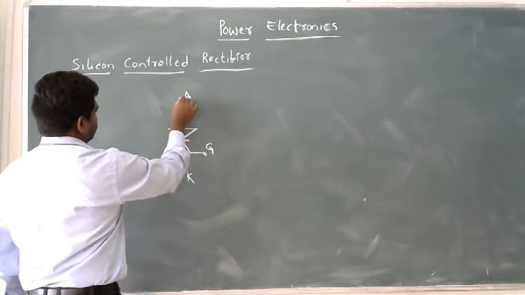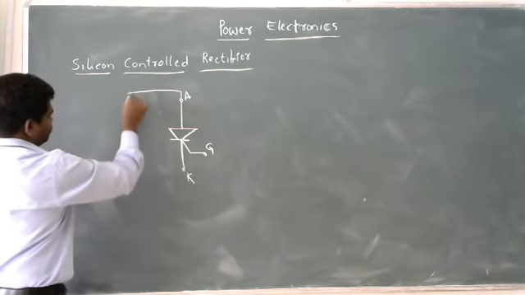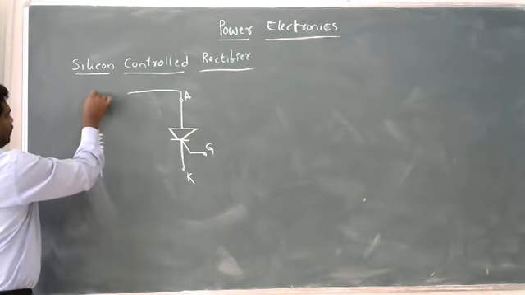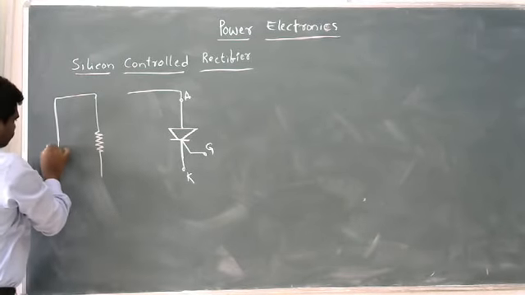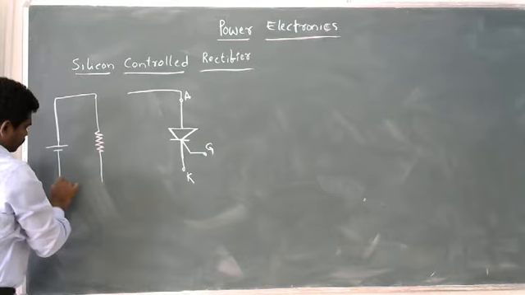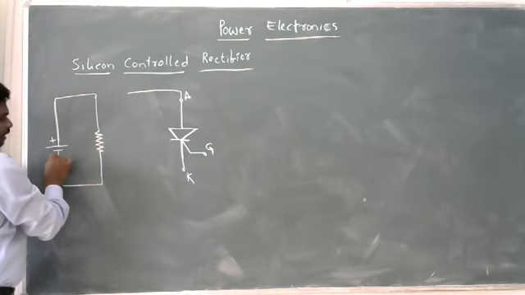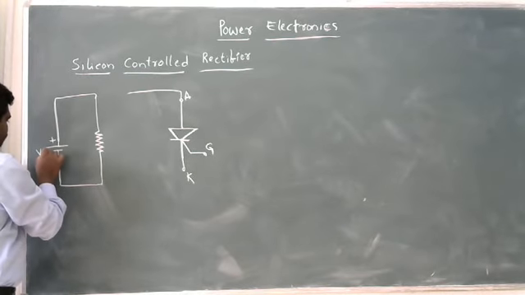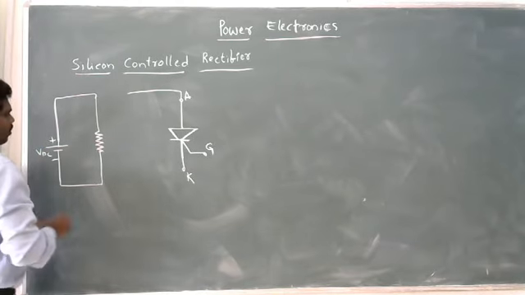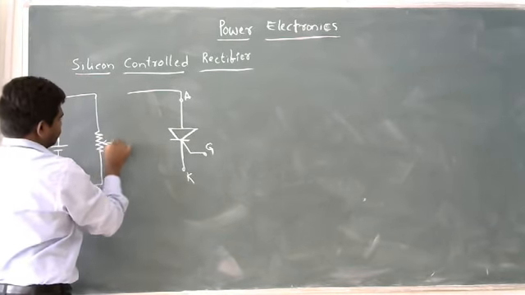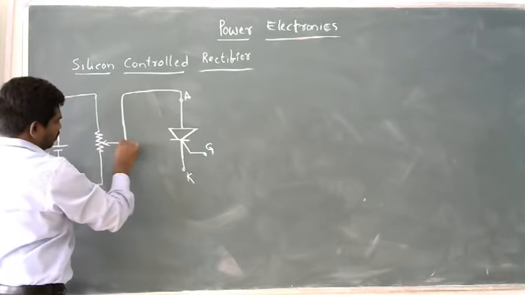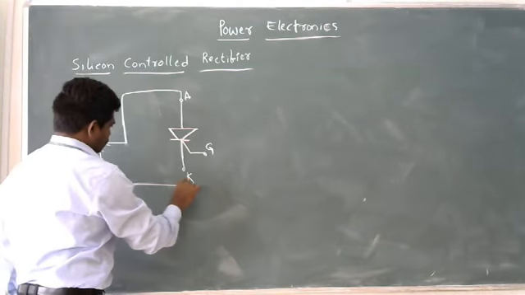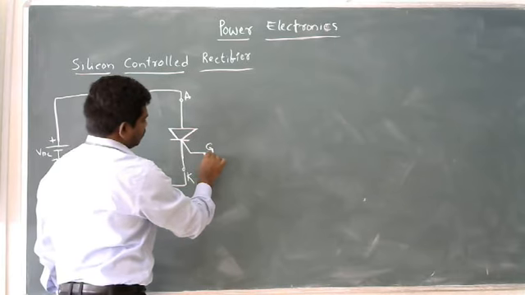See, I am connecting one source, VDC, to the anode and cathode terminals, plus and minus, and this is a variable source.